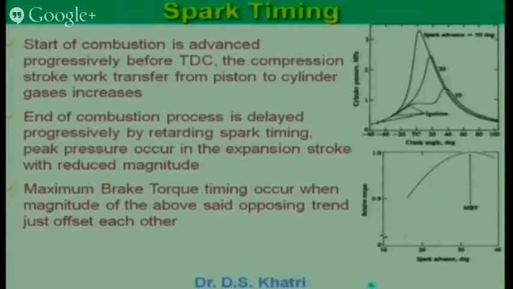Now you can see the lower curve in the upper graph, this curve. Here my ignition timing I have kept 10 degree before TDC. So I am creating the spark at 10 degree before top dead center. So you see the peak pressure produced is very low.